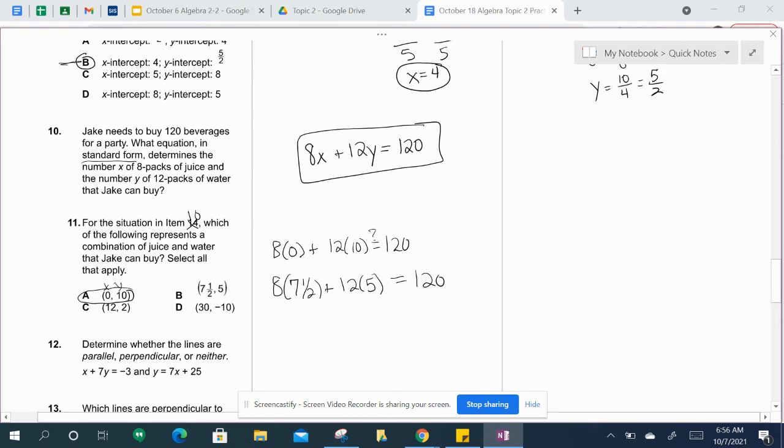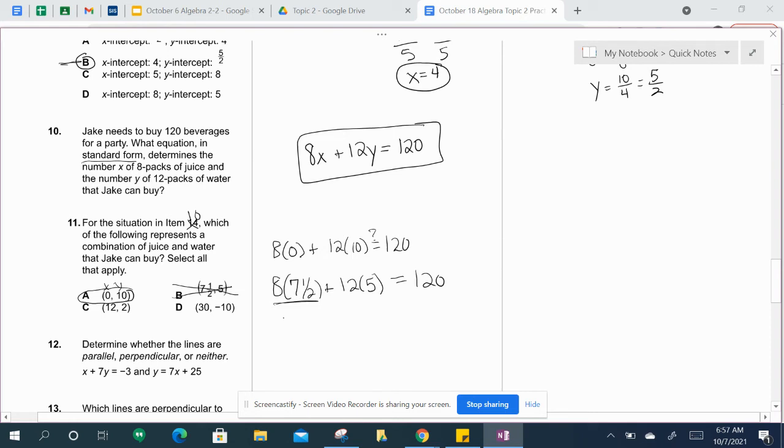So if I were just looking at this as a mathematical equation, then B would absolutely be a solution. However, when I look at this as a choice of buying packages of juice, I don't know very many stores that will allow me to go in and buy 7.5 packs of juice. And so although these numbers work, they don't work in this story. And so I'm going to cross B out.